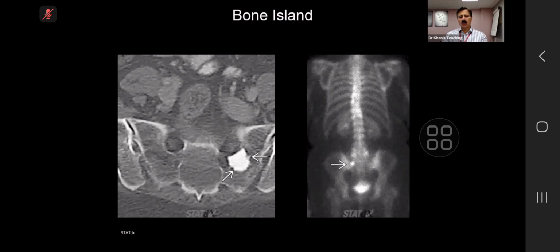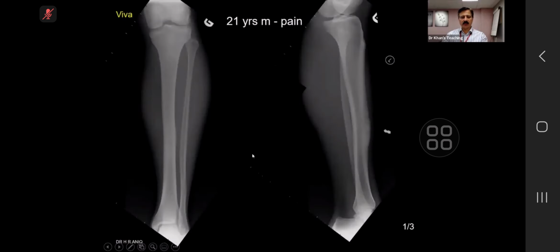Bone islands can also mimic something more significant, where they can show some uptake on a nuclear scan, and this CT scan shows that. So take home point is brush border edge in a sclerotic lesion. Okay, candidate one, over to you, please.